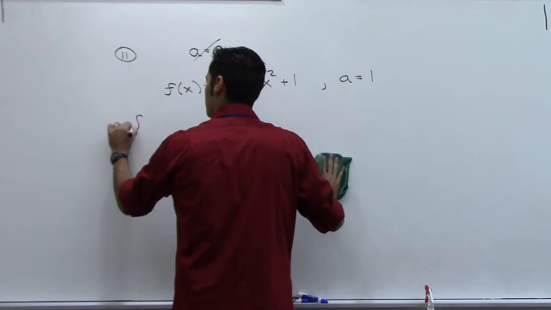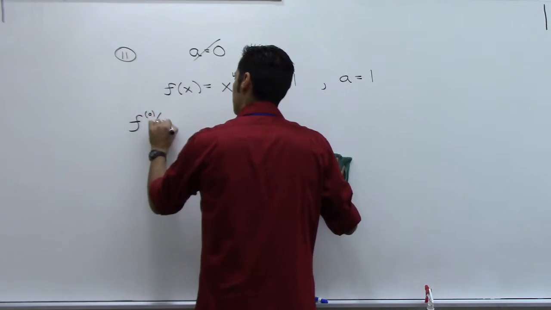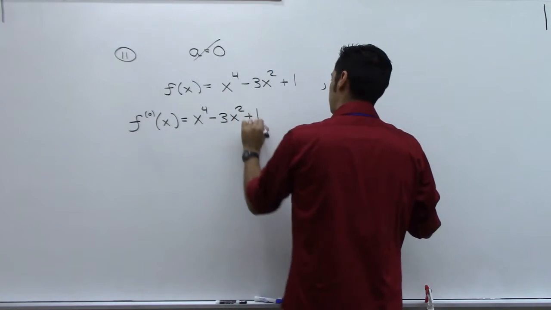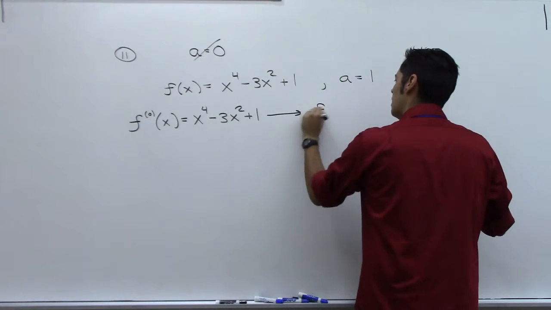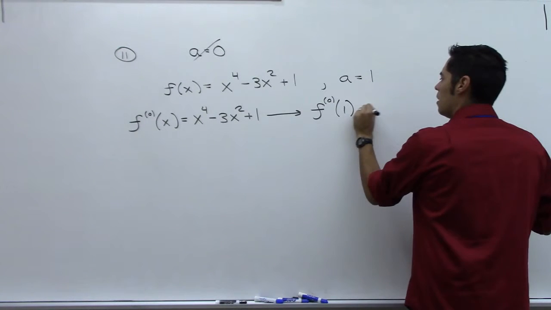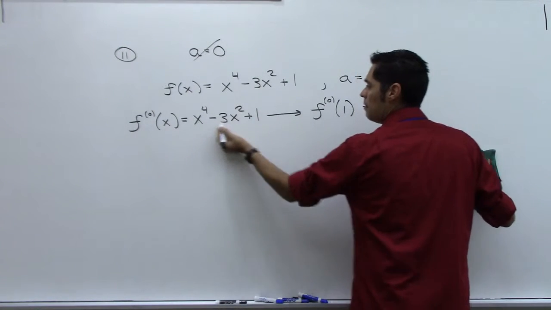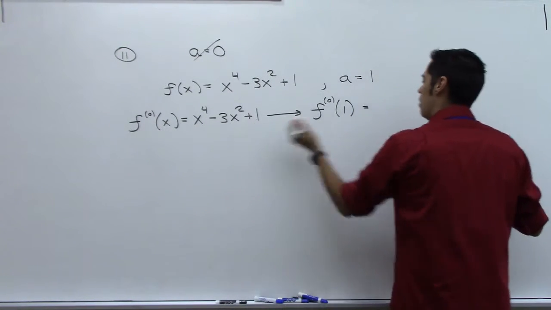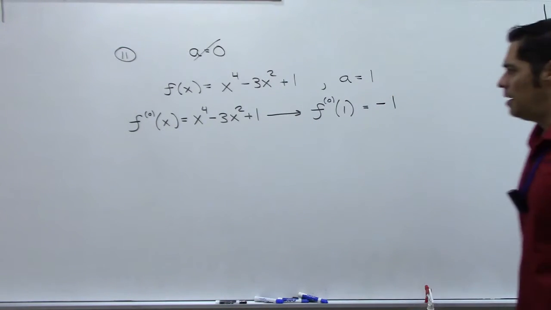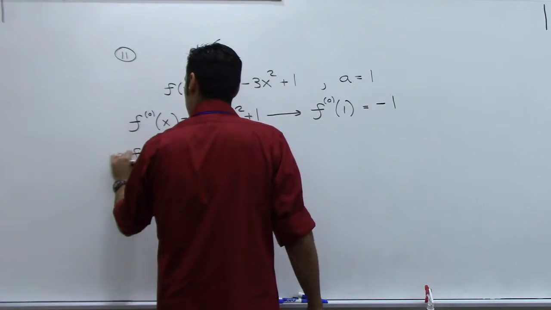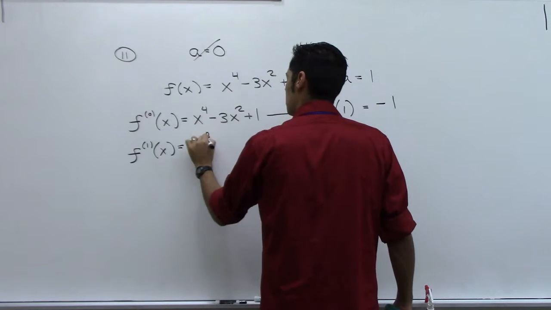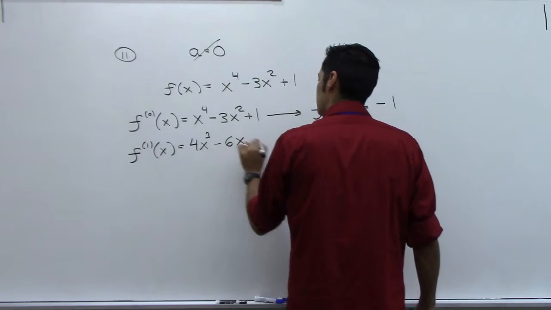First of all, the 0th derivative of this function is the function itself. And when I plug 1 into this, notice I'm plugging in 1 instead of 0, I get 1 minus 3 plus 1, so that's negative 1. Then I take the first derivative: 4x cubed minus 6x.